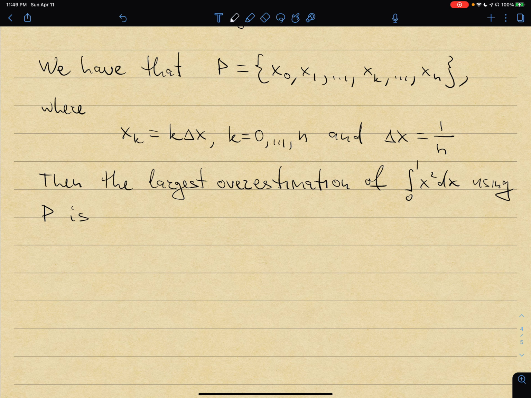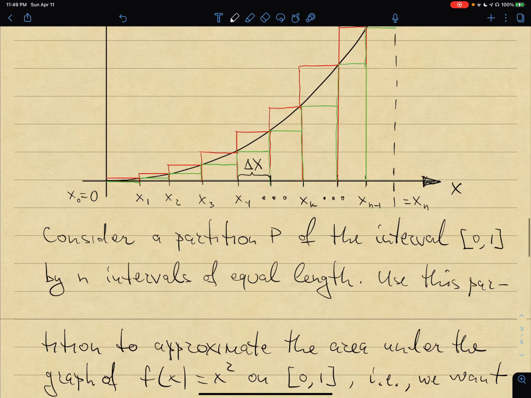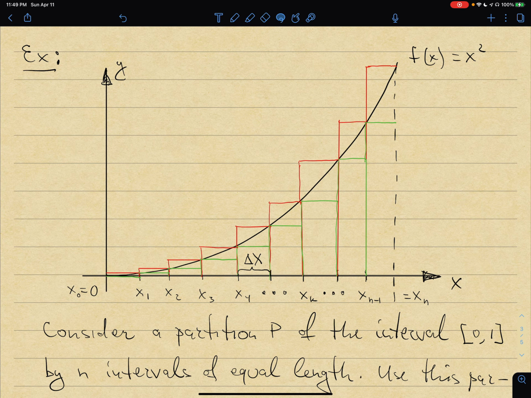Is going to be S, the Riemann sum using n subintervals, overestimation. That is a sum of areas of red rectangles. And the red rectangle has a height equal to the value of the function at the right-hand point, right?